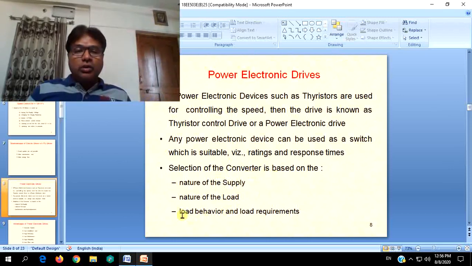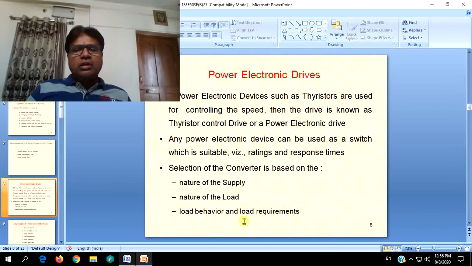And not only that, load behavior and load requirements. Here comes the actual mechanical load you want to drive. Depending on the actual mechanical load, the electrical motor load will also behave. Load behavior is whether it wants high torque, or high speed, or low speed and high torque.